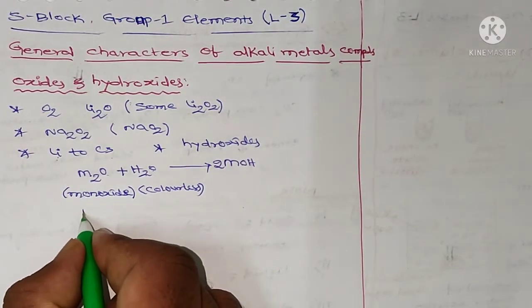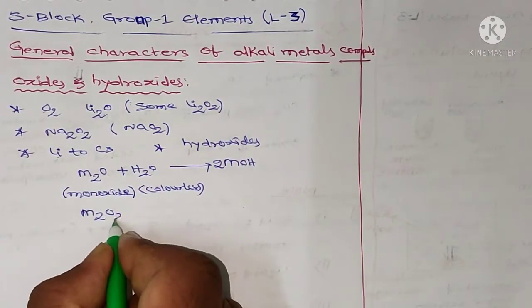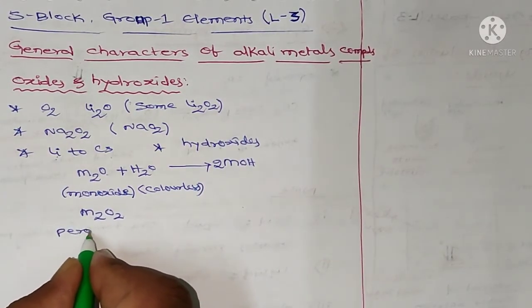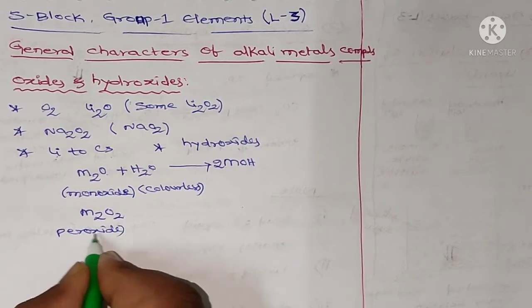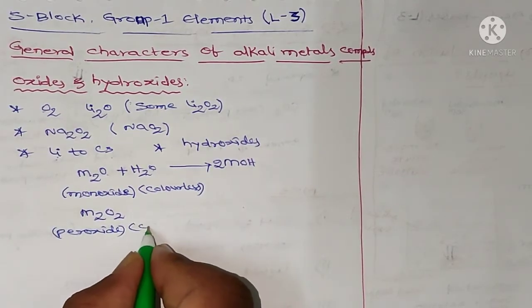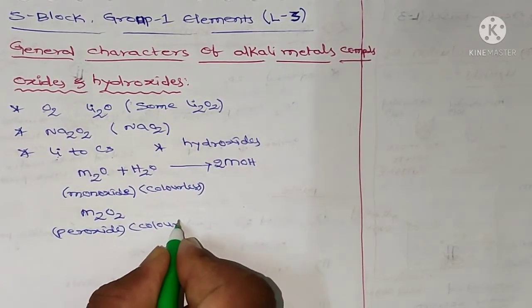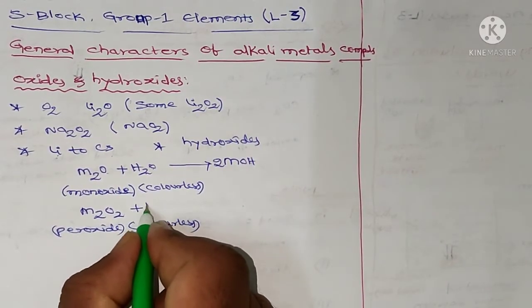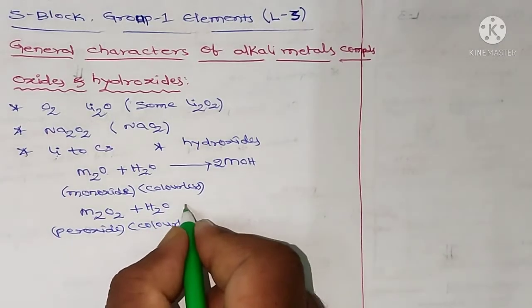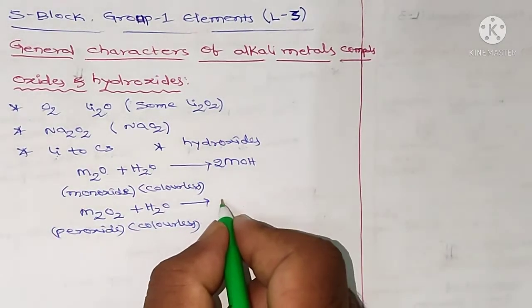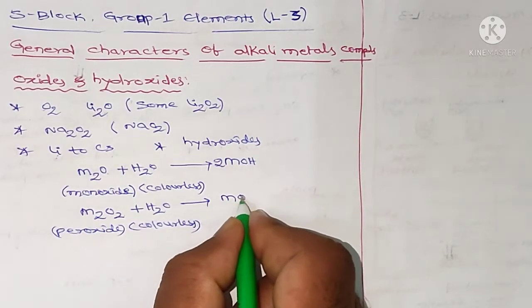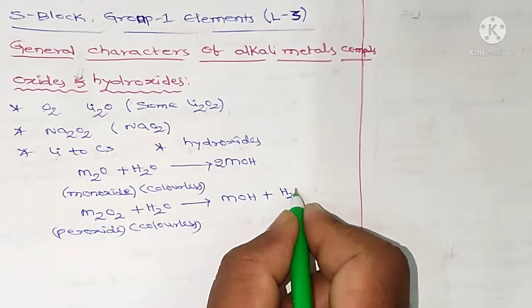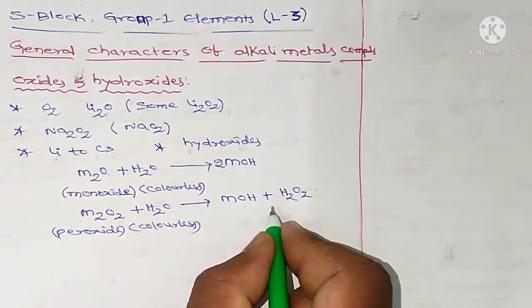Next, the peroxides, general formula M2O2, which are also colorless. This colorless peroxide reacts with water to form the metal hydroxide plus hydrogen peroxide, H2O2.